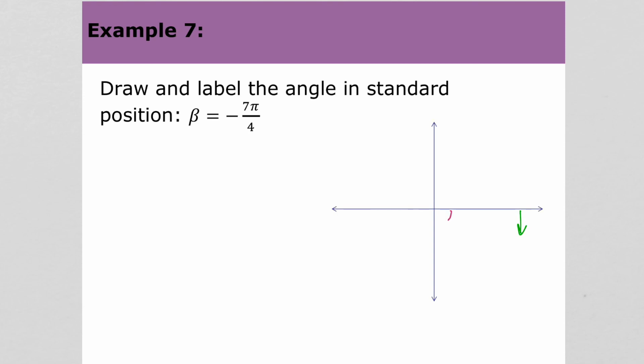So here's 1, 2, 3, 4, 5, 6, 7. So this angle, not going from here to here, but all the way around, is negative 7 pi over 4.